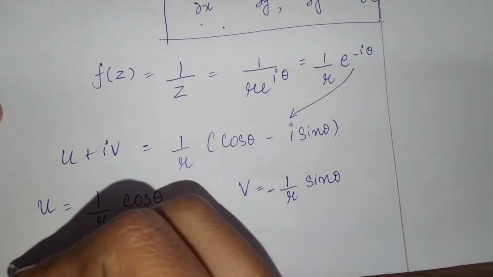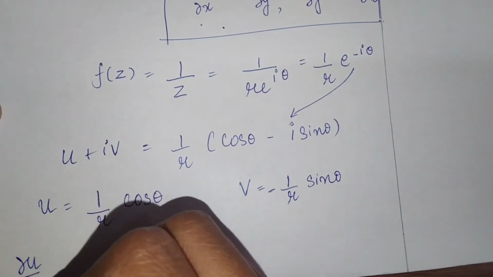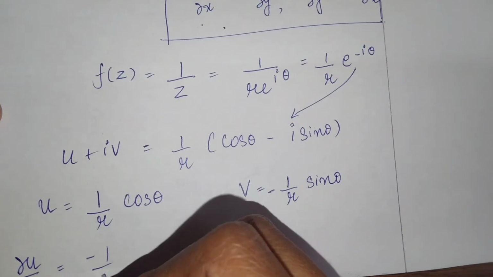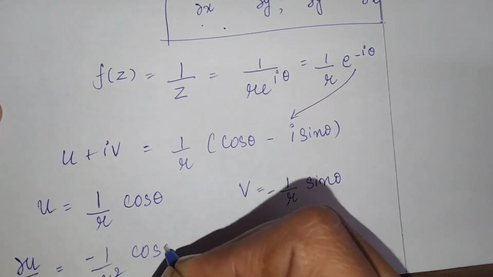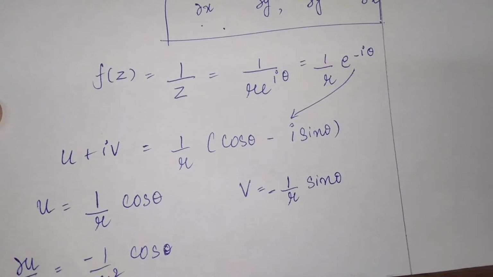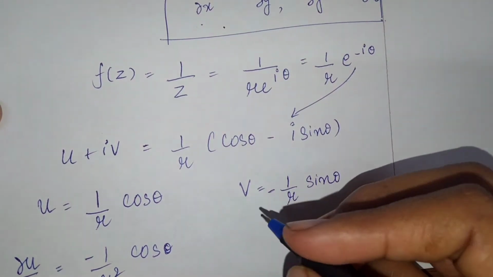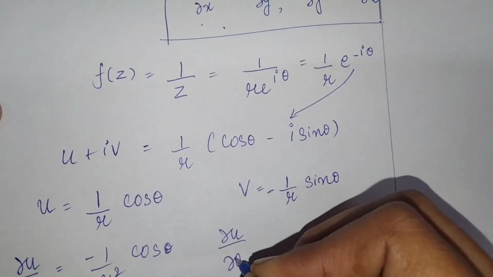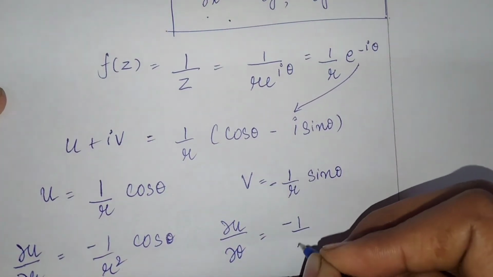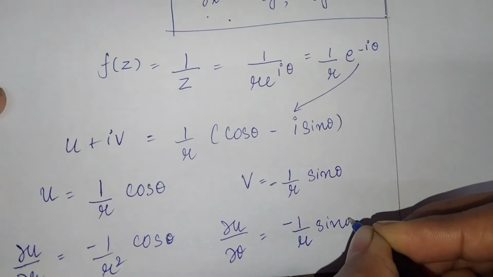So let us find del u by del r. What will be del u by del r? Minus 1 by r square into cos theta, because we have partial differentiation with respect to r. Now del u by del theta is equal to minus 1 by r into sin theta.